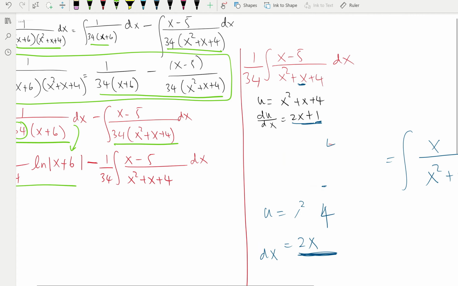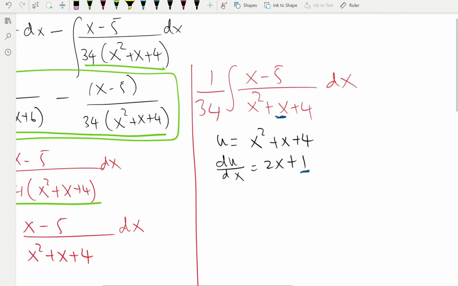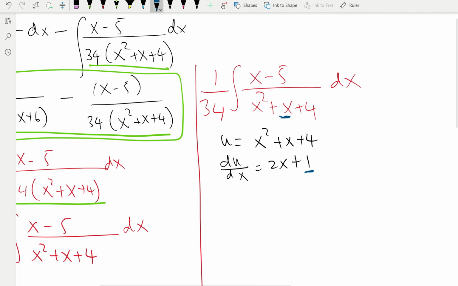So why is it so important that we talk about the derivative of the substitute? Derivative of u. What is the role that this derivative plays when we use integration by substitution? Well, in most of the problems, the role that this derivative plays is something like this.